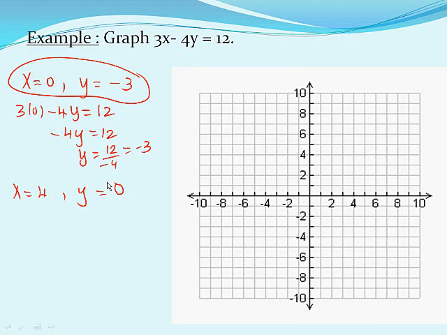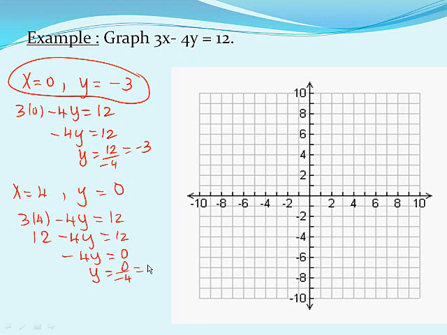Again the steps will be 3 times 4 minus 4y equals 12. So we get 12 minus 4y equals 12. So negative 4y will be 0. Y will be 0 divided by negative 4. That comes out to be 0. Okay, here this is the second solution.